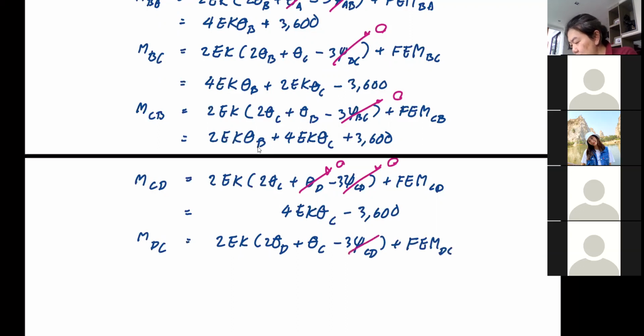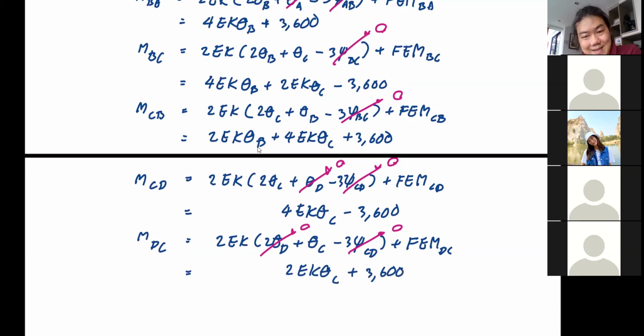And again, we know that this is 0 and that is 0. So MDC, to keep the same arrangement, is 2EK theta C here plus 3600. So that's it, our slope deflection equations.